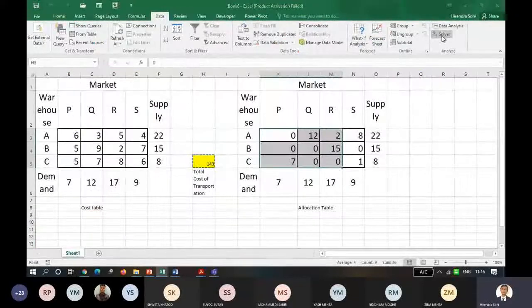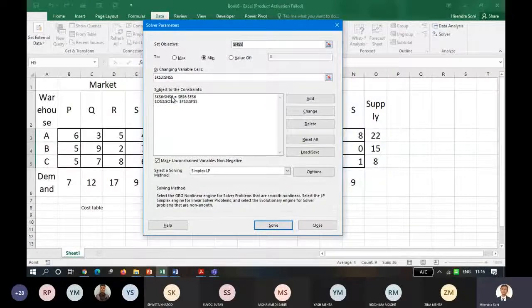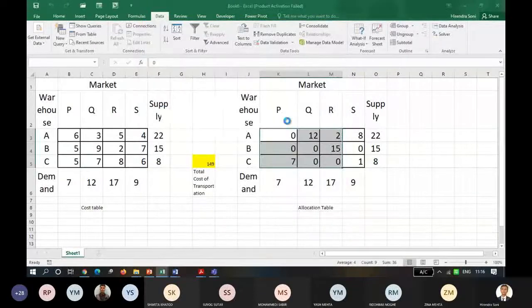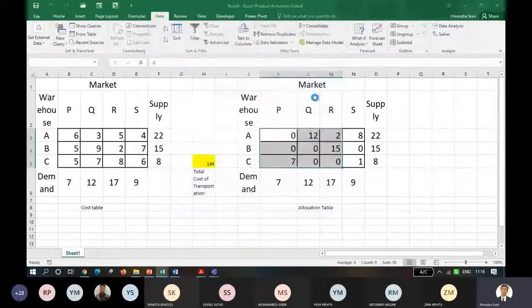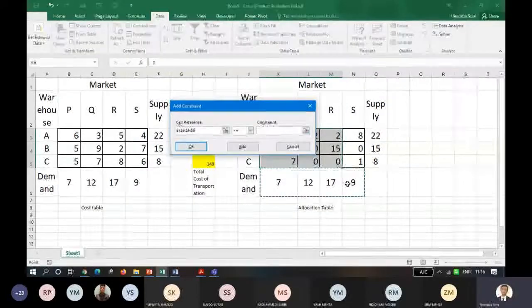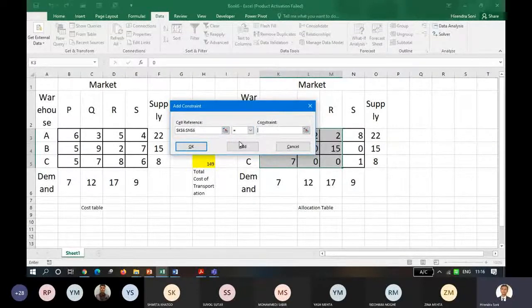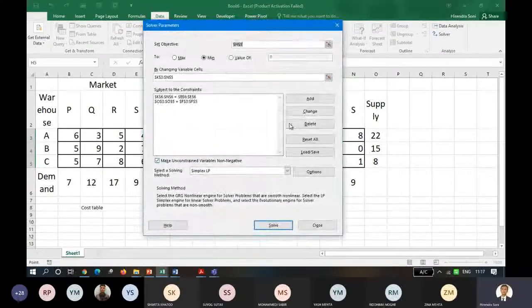I'll show you the constraints. एक मिनट, I will just delete the constraints and I will add them again. देखिए, constraints would be these demand values will be equal to आपके जो सेट किए हुए constraints and demand. Second is this supply should be equal to जो आपको ऑलरेडी पहले दिए हुए हैं. ओके, जस्ट से ओके. इसके अलावा बाकी और कुछ भी एज अ कंस्ट्रेंट नहीं आएगा एंड जस्ट सिंपली से सॉल्व.